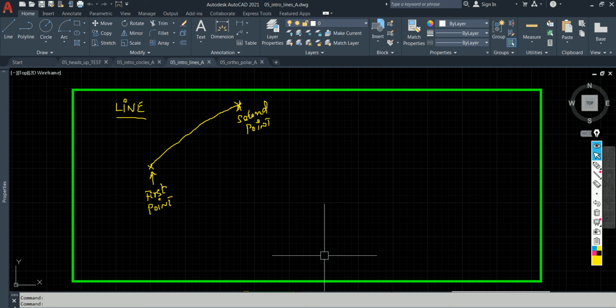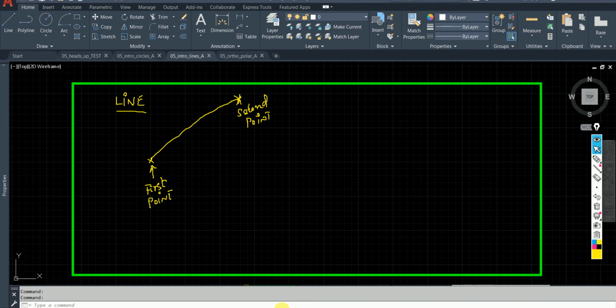Okay, now I am going to introduce you to a new friend. A trustworthy friend, I would tell you. He is a friend who would be with you as long as you use AutoCAD. But when you come to Revit, he will not be with you. This friend of yours is called the bottom guy. This guy is called the command line. I always tell my students, keep an eye on the command line.